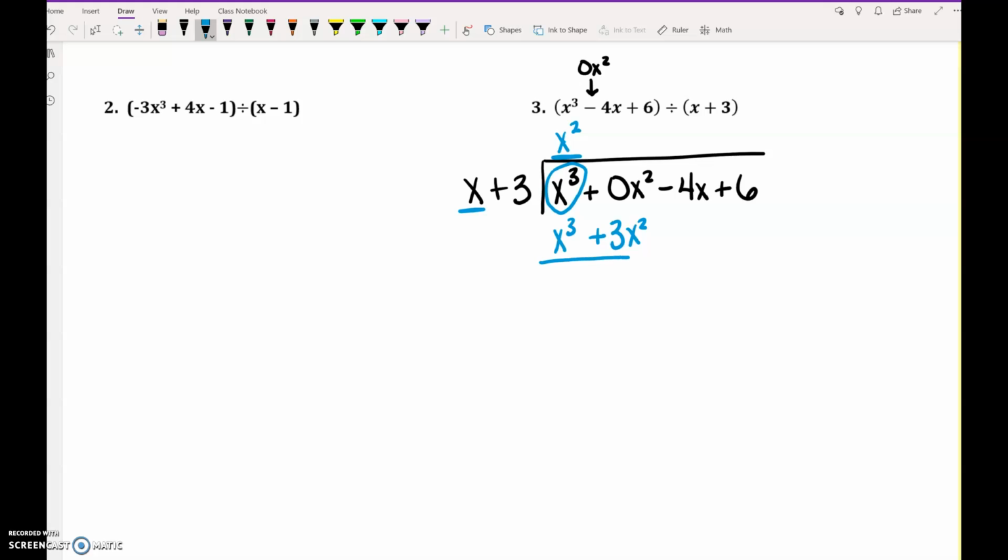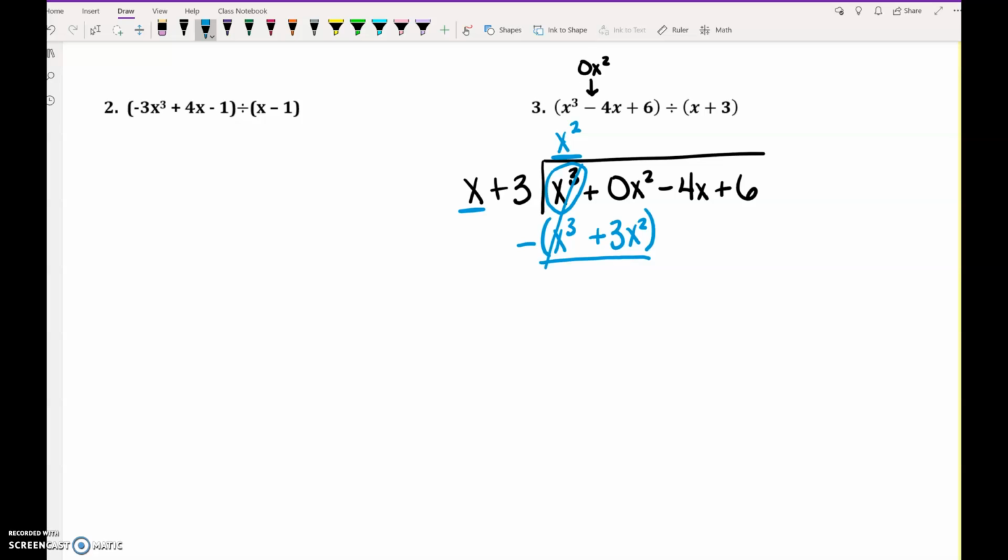Okay, what do you think we're going to do as our next step? Subtract. We're going to subtract this entire polynomial. That's why we talk about polynomial subtraction before we do division. X to the third minus x to the third, that's going to be 0. That term cancels, and that always will cancel.